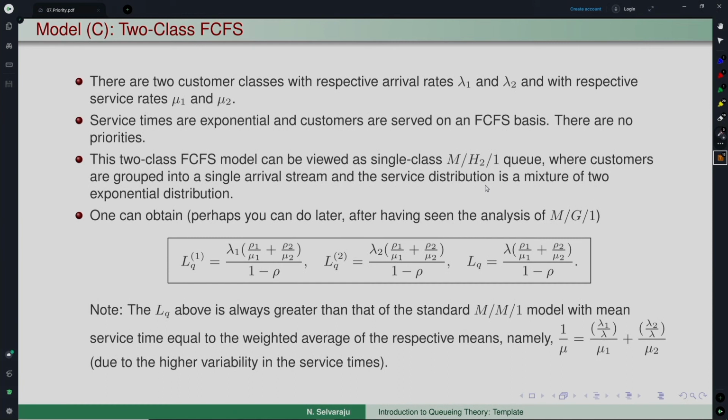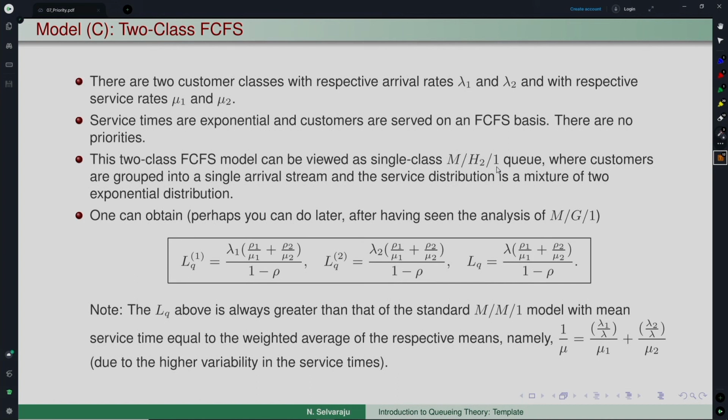Each customer is picked from one of these distributions depending upon the class. Once you group them, you do not have the distinction between the arrival units, but in this there is. So, there is some difference, but this can be viewed as a mixture of two exponential distributions for the service time and a single class arrival.